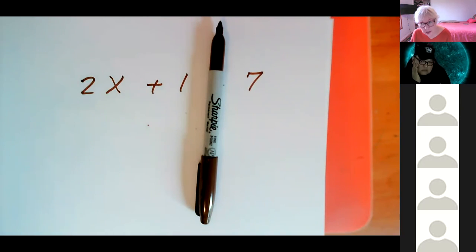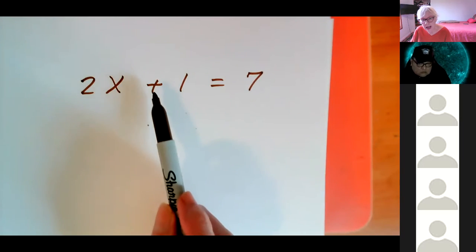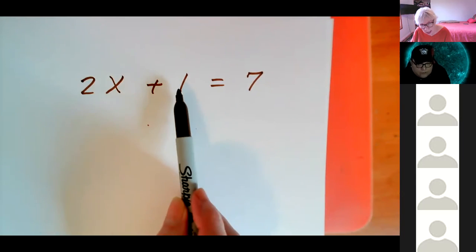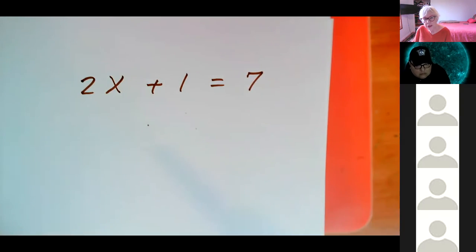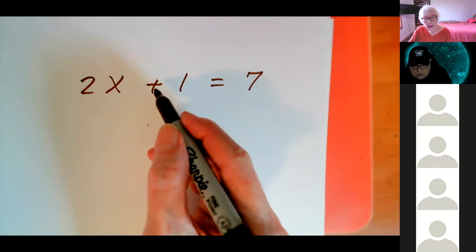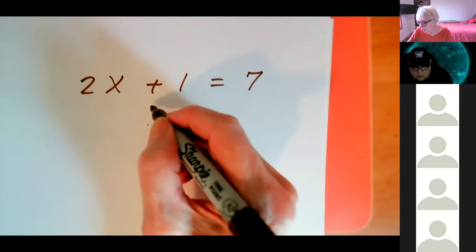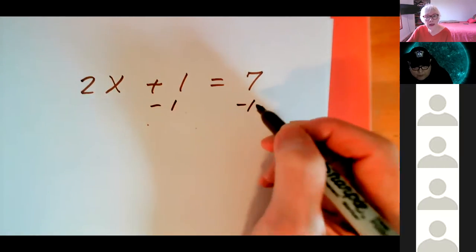So I'm going to advise you about what to do next. The number that's added to or subtracted from that x is the number to take off first. And so the plus 1, I'm going to do first. I'm going to subtract 1 and subtract 1.